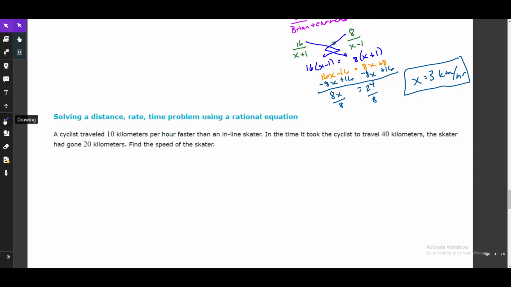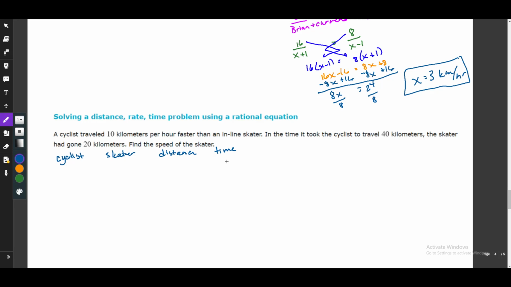So looking at the problem, we have a cyclist. We have a skater. They're talking distance. And they're saying time.